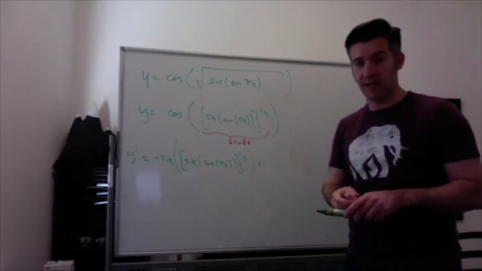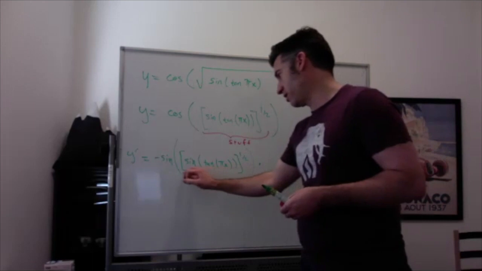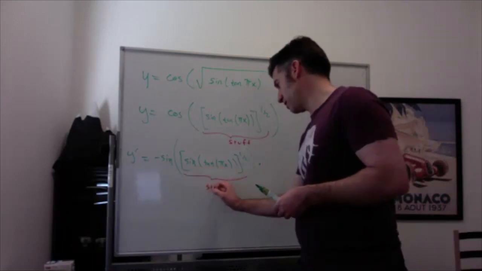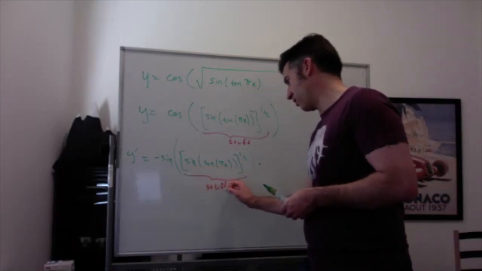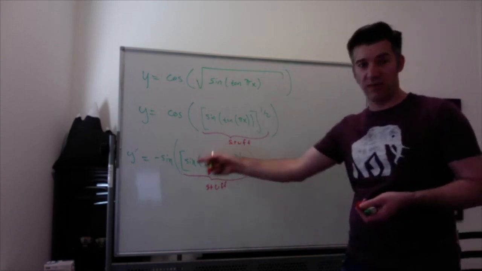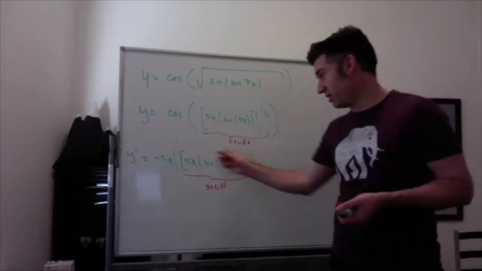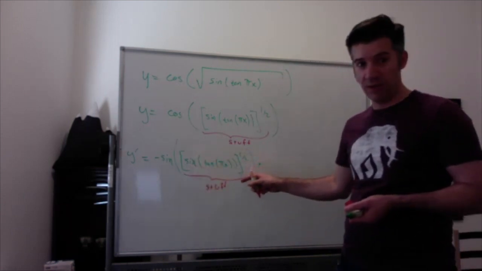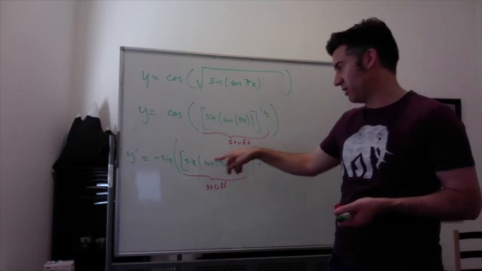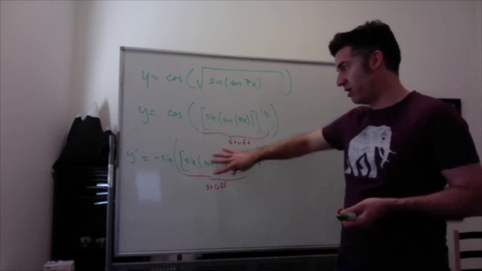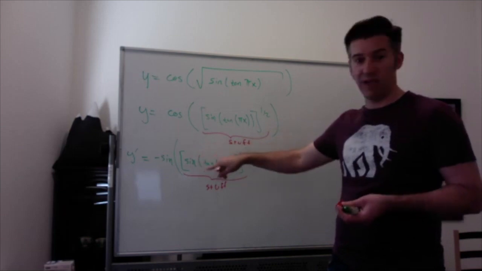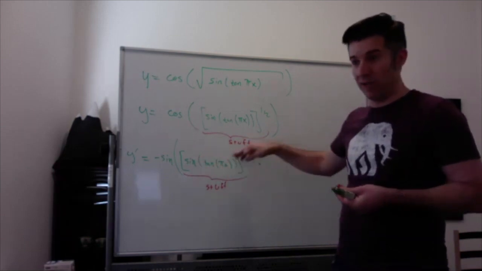I'm actually kind of giving it away right there, saying that for this next derivative, we have to take the derivative of all this. The outermost function of this stuff is the 1/2 power. So the derivative of sine of tangent of pi x to the 1/2 is, well, I've got some new thing, sine of tangent of pi x, all to the 1/2 power.